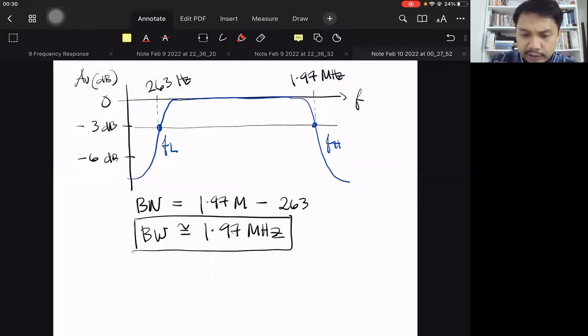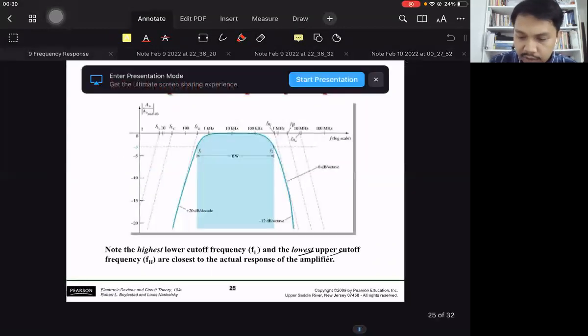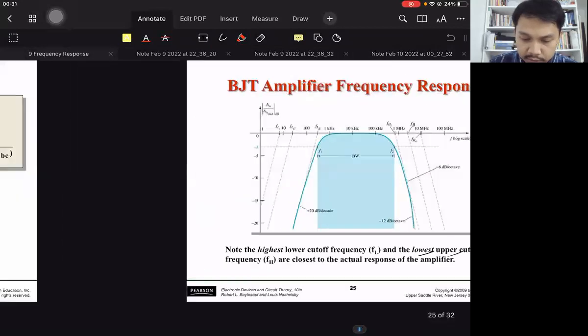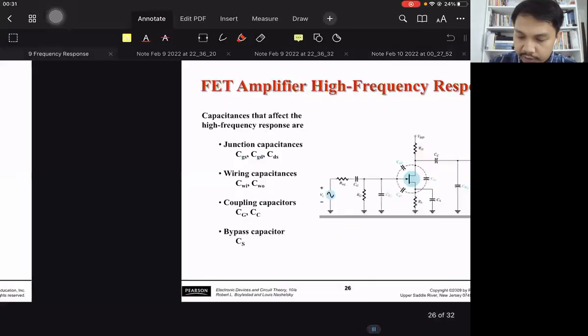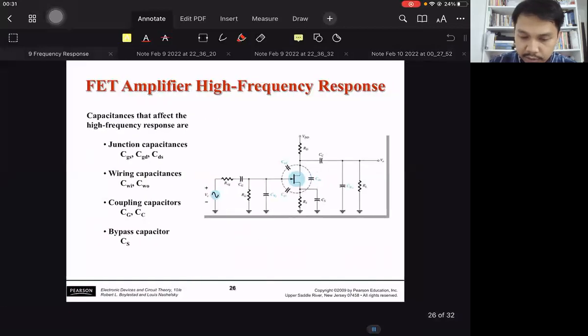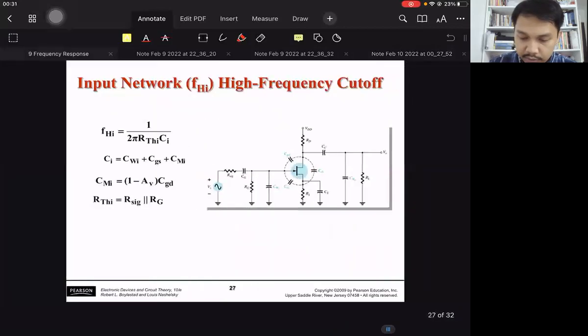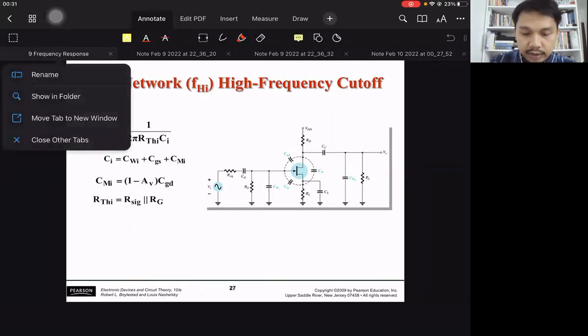Generally the same formulas, 1 over 2 pi RC. If I check the slides, yes, it is almost the same for FET, at high frequency.